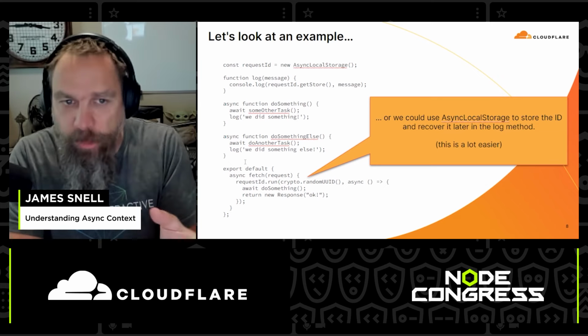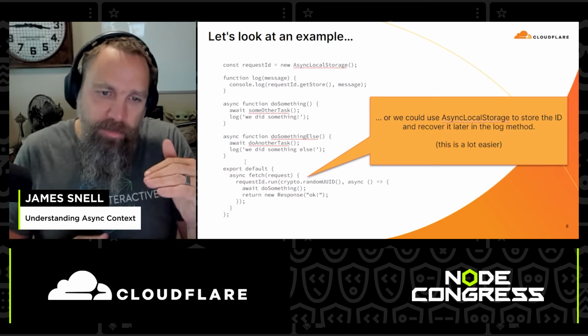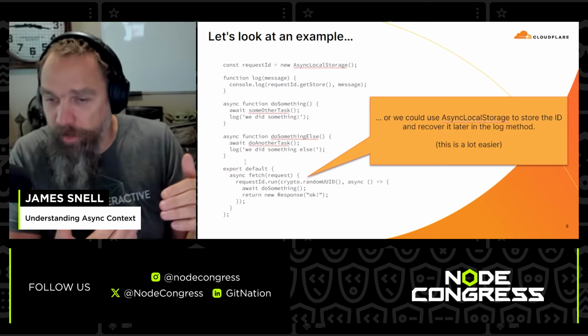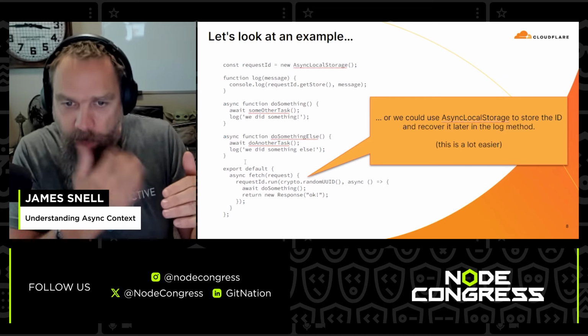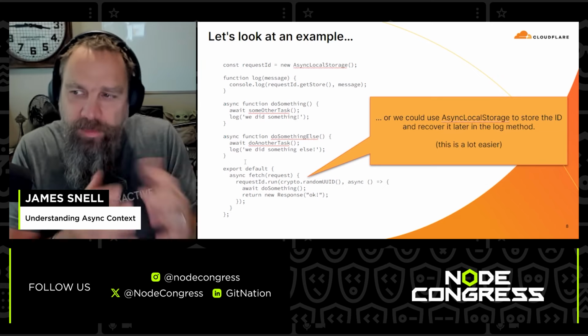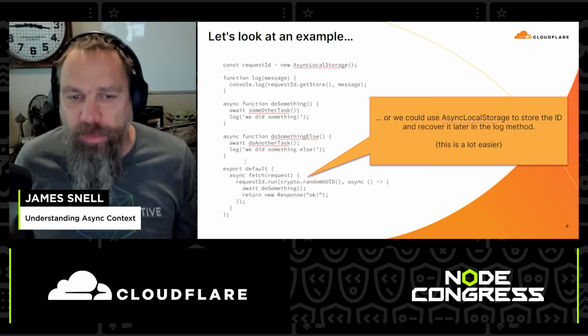This is the container, and we can specify in our fetch handler that we want to run with this value. In this case, it's our request ID, this random UUID. We want to run this code with that value set, right? And notice what changes here: doSomething and doSomethingElse don't have to know anything about the request ID at all.